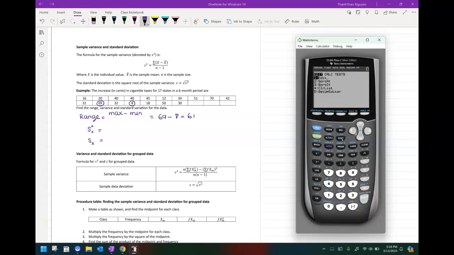And we'll tell our calculator to give us the variance for this one.